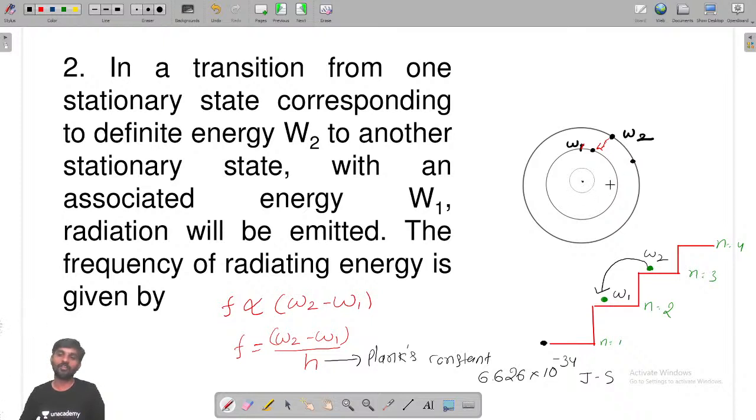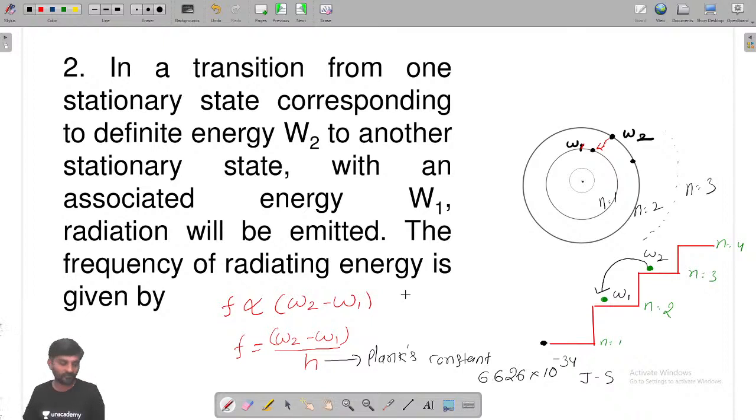Let's say this is n equal to 1, this is n equal to 2, and you may have another circle here, which is n equal to 3. So as the n value is increasing, the energy of the electron is also increasing.